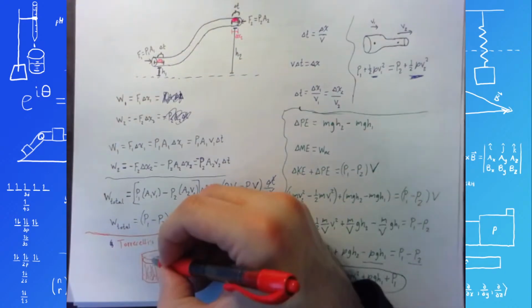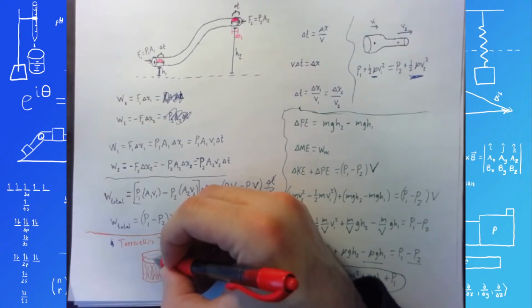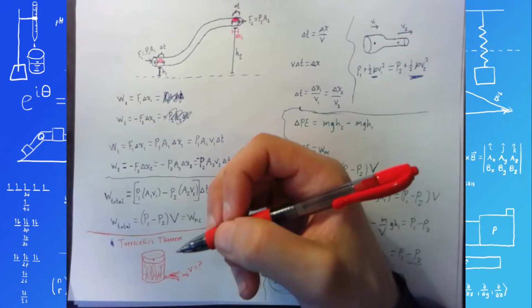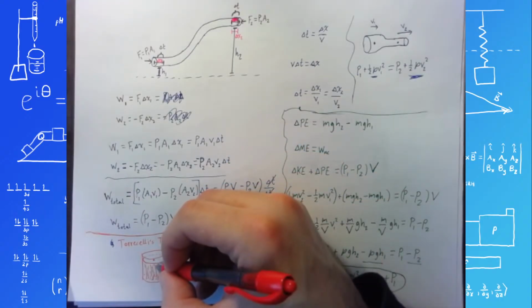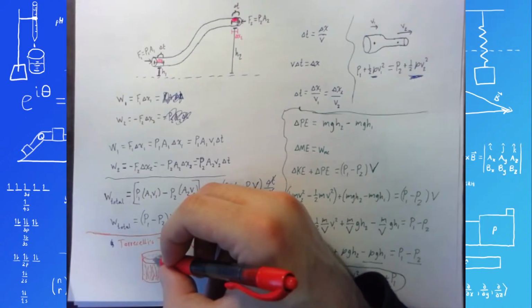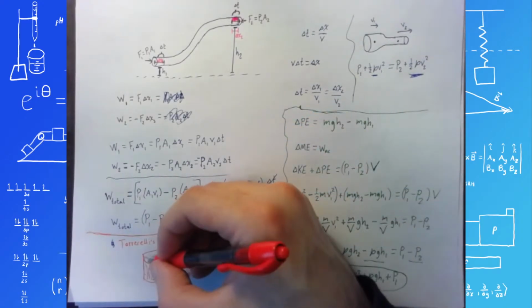Same thing over here. We would say that the velocity of fluid flow at the top of this tank is approximately 0. It's not exactly 0 because this thing is going down as water spills out of it, but the rate at which it goes down is much, much slower than the rate at which it shoots out of this small hole because of its width.